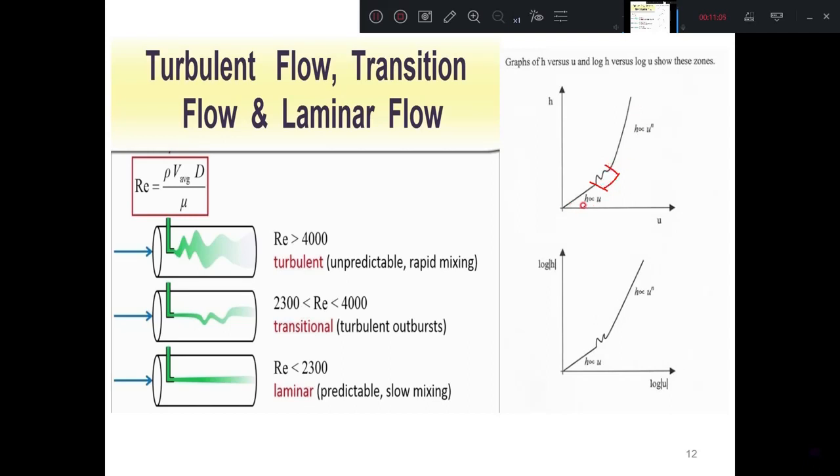For laminar flow, the head loss is proportional to the velocity, and for turbulent flow, the head loss is proportional to the square of the velocity. Here they have written h is proportional to V raised to n, where n is an index that varies from 1.5 to 2. This is the graph.